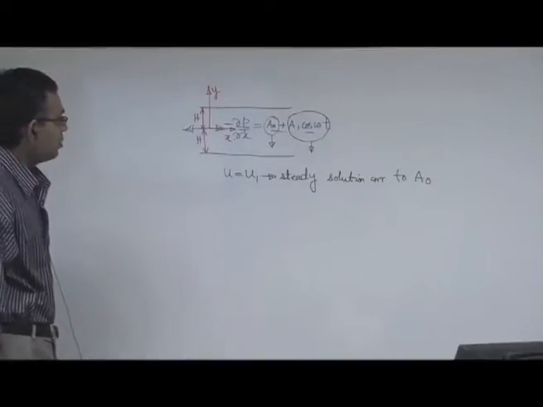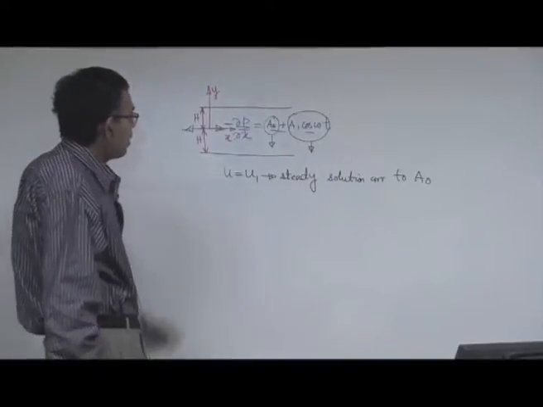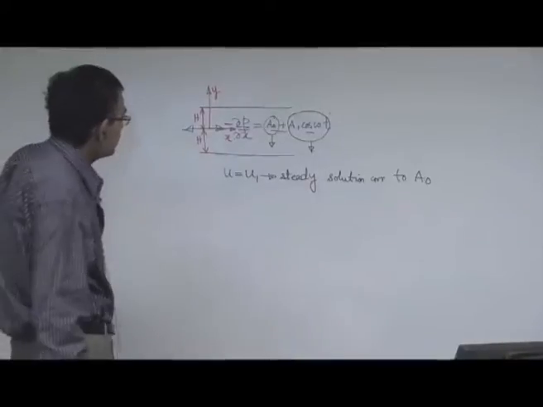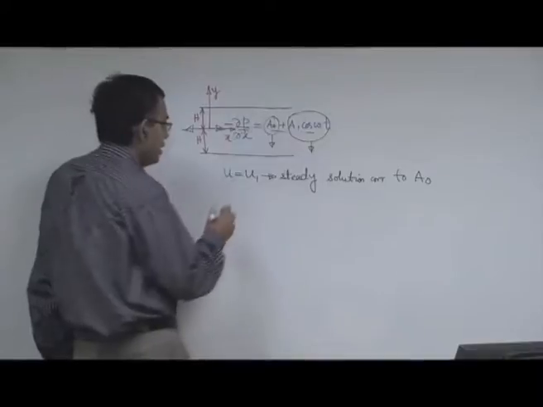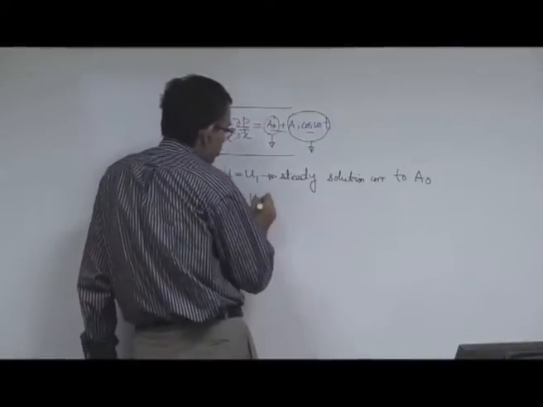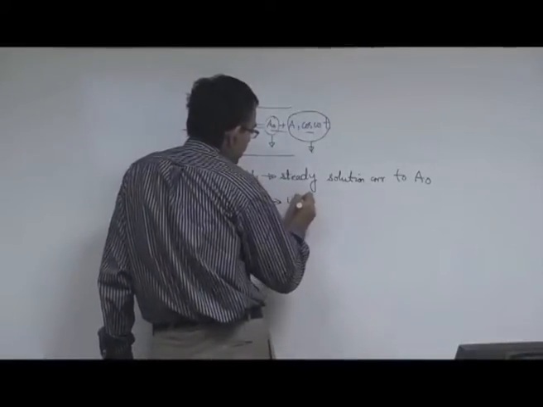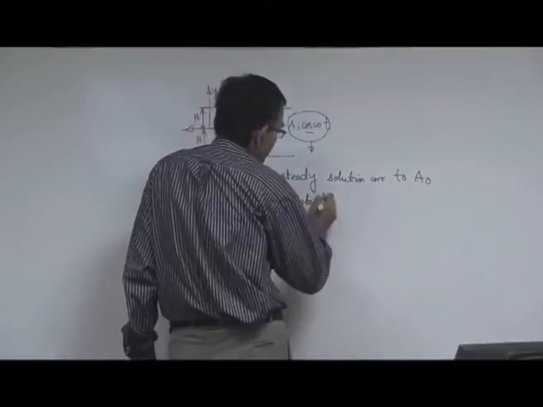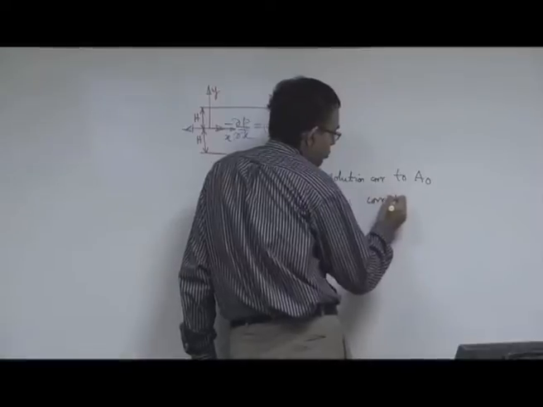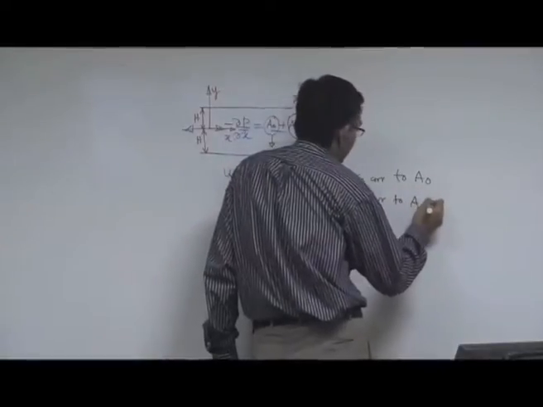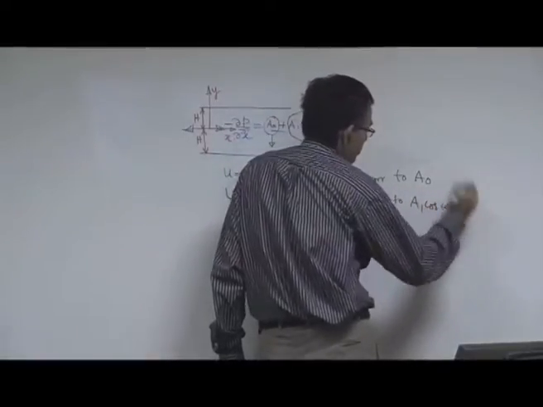Now, what we will do is consider the unsteady part, and let us say u equal to u2 is an unsteady solution corresponding to A1 cos omega t.